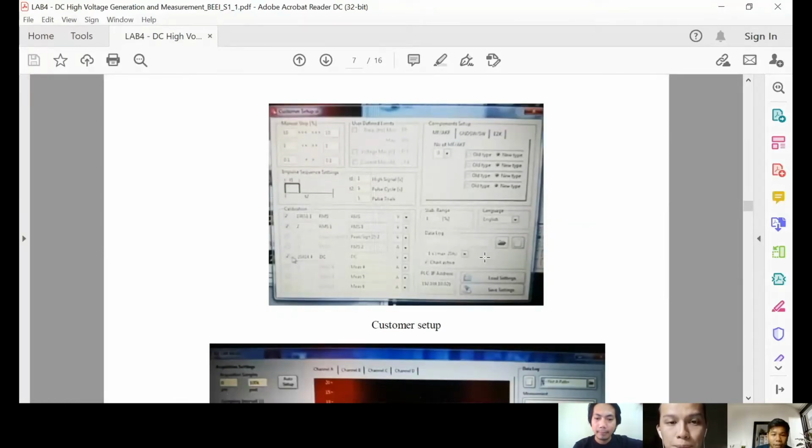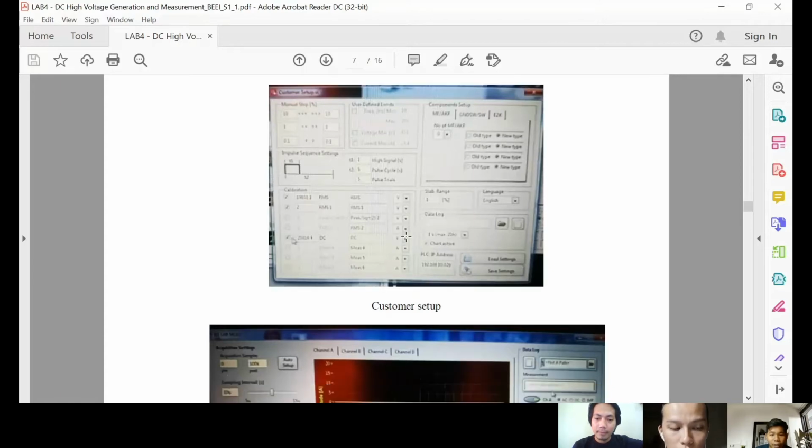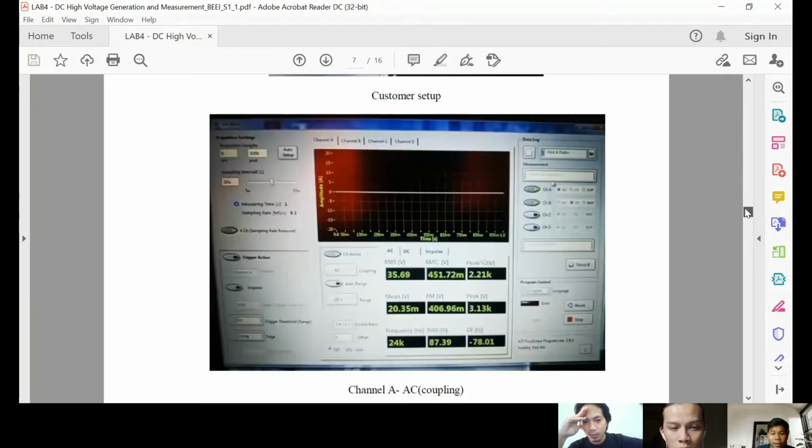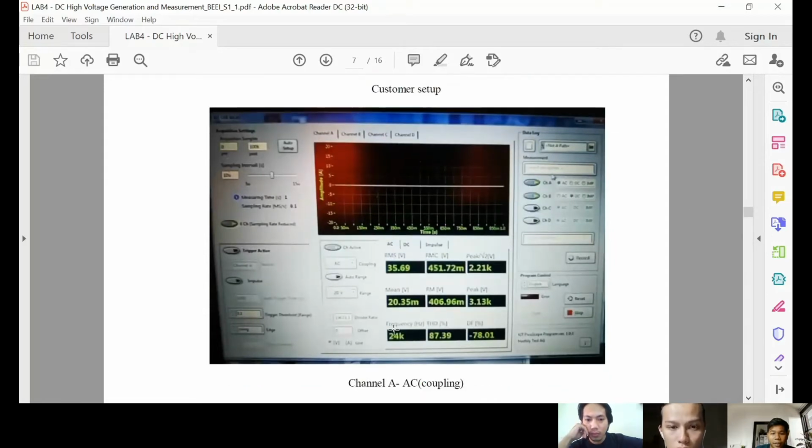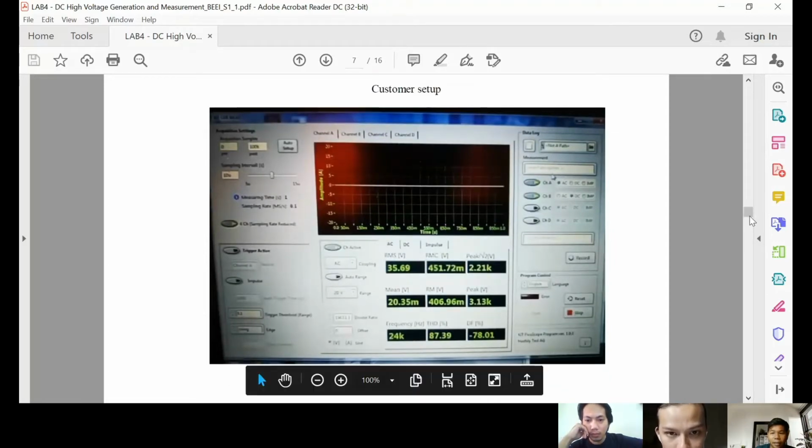For the calibration of DC output voltage, we noted that the first slot involves VM1, slots 1 and 2, and the fifth slot represents VM3 for the DC output voltage. Next, I will show channel A and channel B.